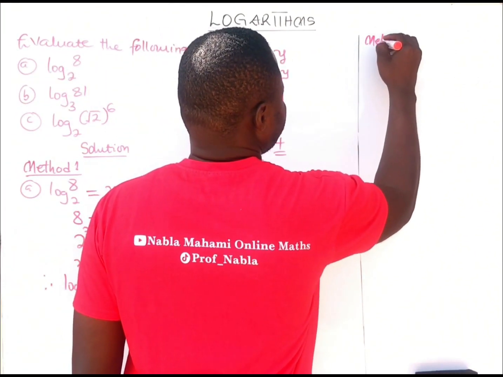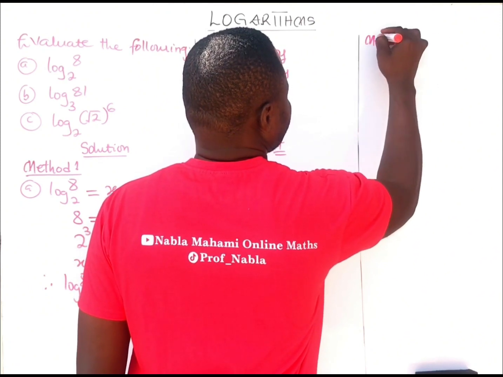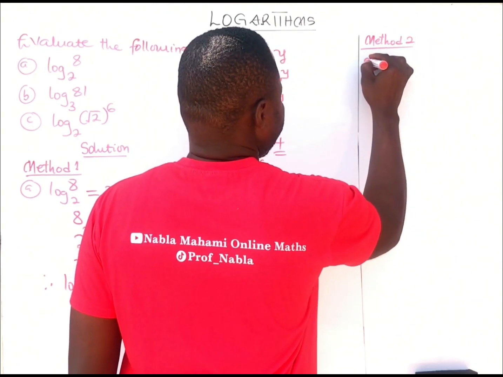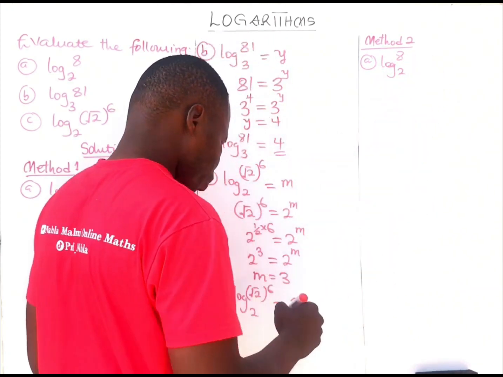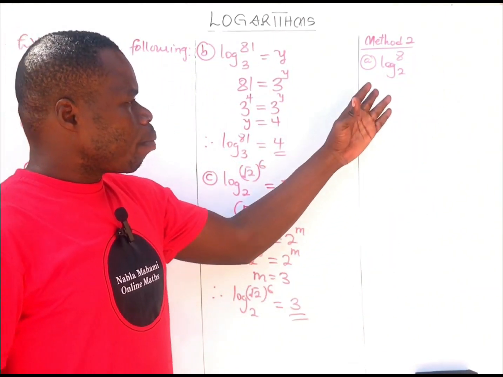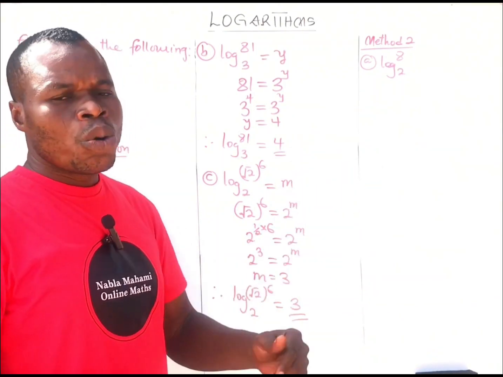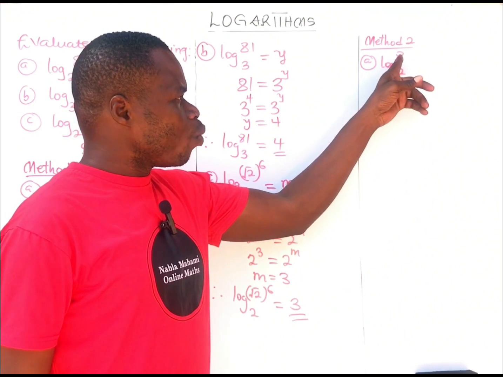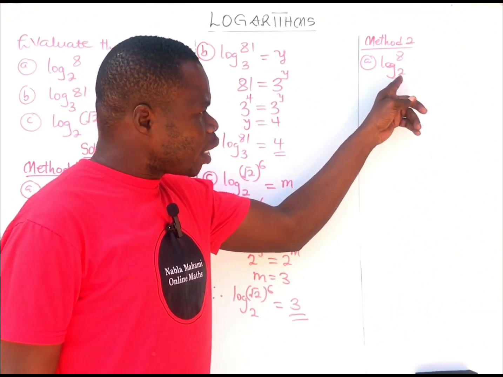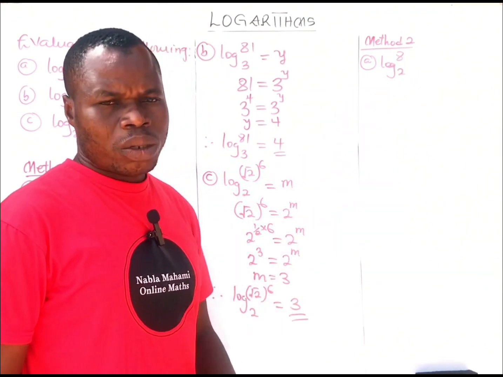Method 2, taking a, which is log 8 base 2. This method, you don't equate the whole log to a variable, but you convert the number that you have here using the base of the log.